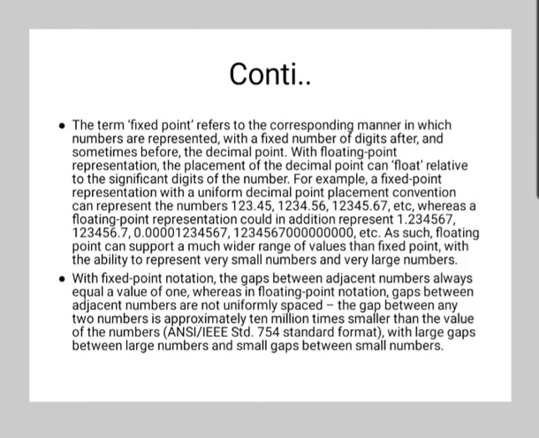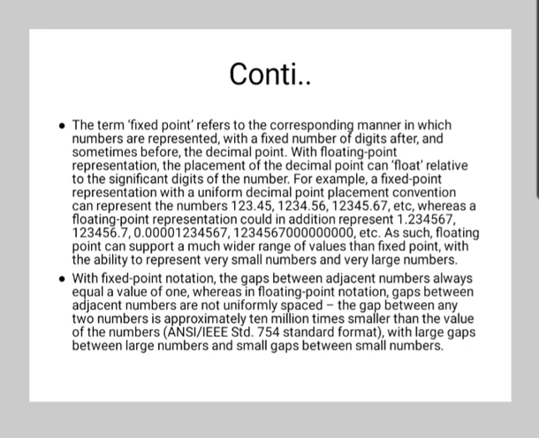The fixed point instruction details are common for TMS320C62x, 4x and 7x processors. The term fixed point refers to the corresponding manner in which the numbers are represented with a fixed number of digits after, and sometimes before, the decimal point. With floating point representation, the placement of the decimal point can float relative to the significant digits of the number.